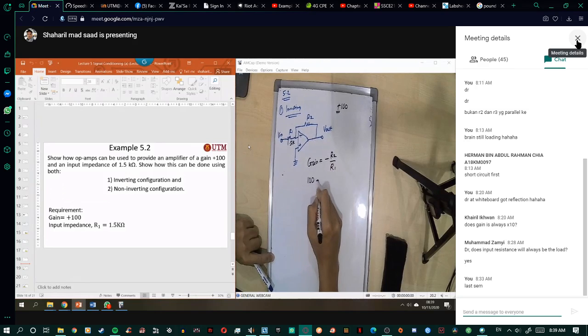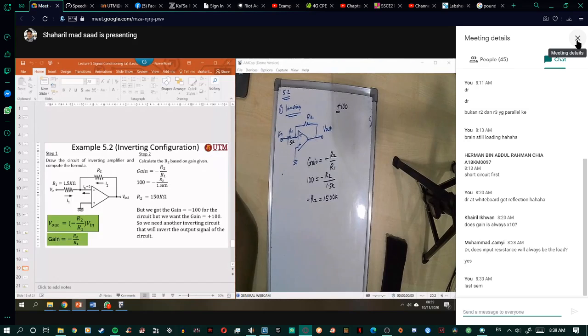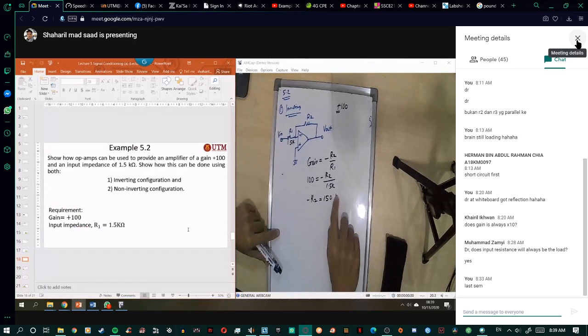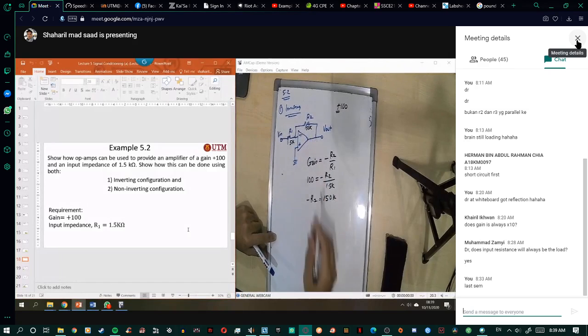Gain 100, minus R2 divided by 1.5, so R2 is 150k.